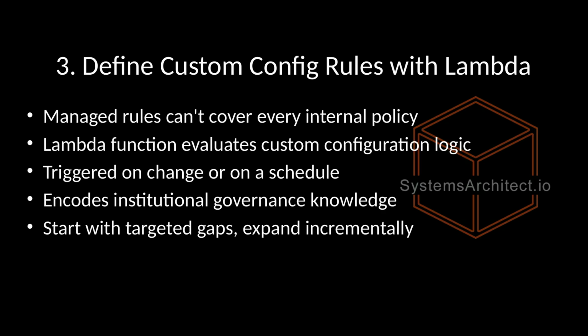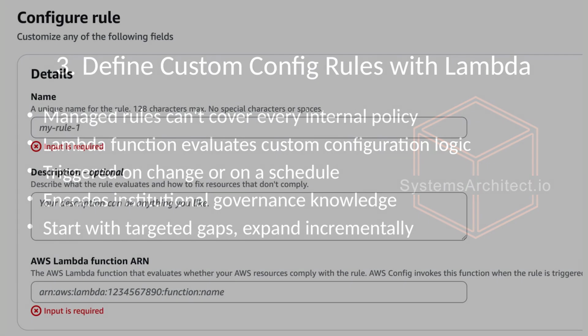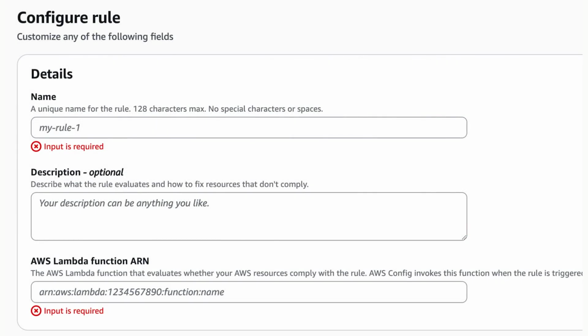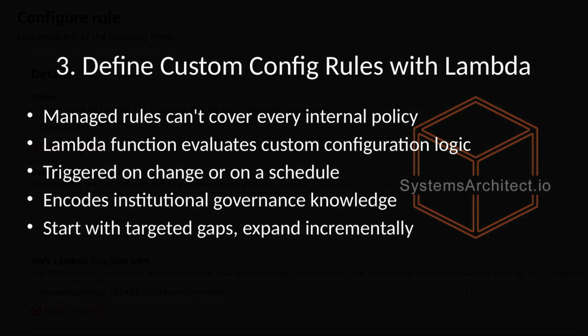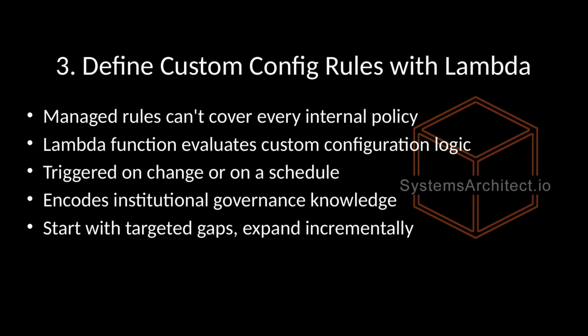3. Define custom Config rules with Lambda. AWS Config ships with a large catalog of managed rules, but no managed rule can anticipate every internal policy your organization needs enforced. Custom rules backed by a Lambda function let you evaluate resource configurations against exactly the standards your business defines.